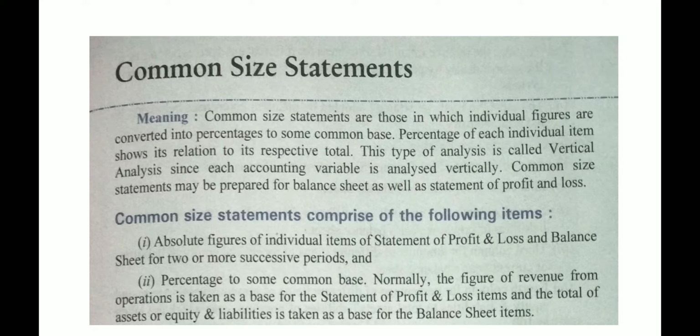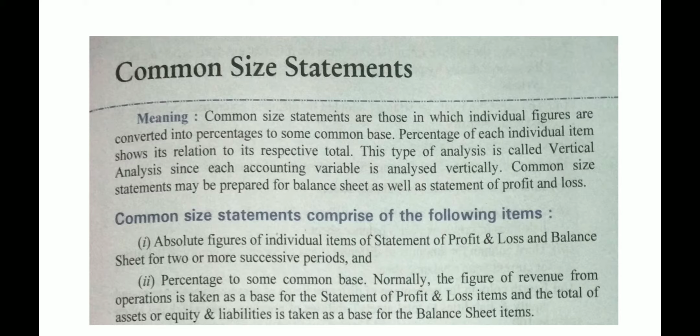The common size statements are those in which individual figures are converted into percentage to some common base. The percentage of each individual item shows its relationship to its respective totals. So common size income statement or balance sheet are those statements in which ingredients of income statements are compared with revenue from operation.